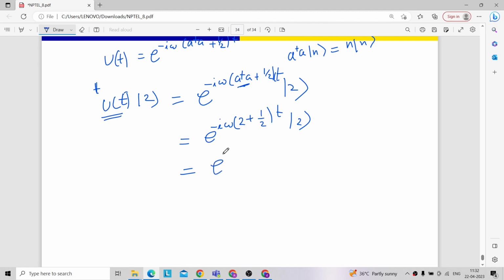So this is e to the power minus i omega 5 over 2 t, state 2. So as time evolves, this state 2 evolves to this state, right?